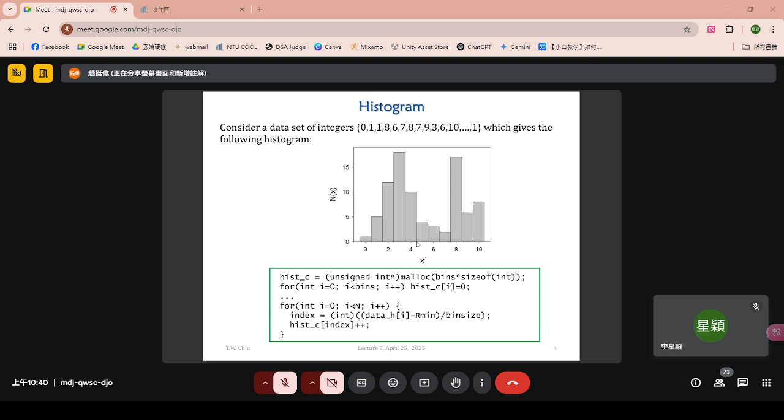So this is the bin size. And then I know which bin it should go into. So there's an index: this data point belongs to which bin.